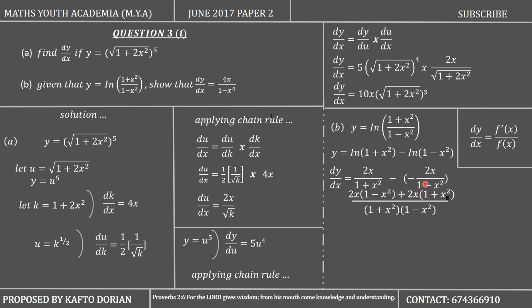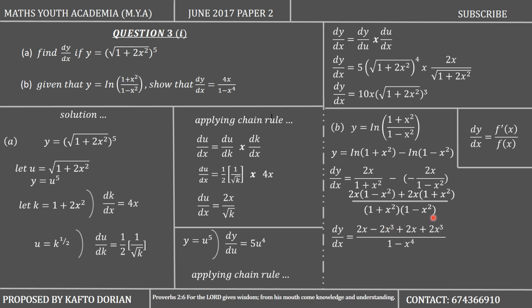We will now be remaining with 2x times 1 plus x squared. Simplifying correctly, we'll be having 2x minus 2x cubed plus 2x cubed, in which minus 2x cubed plus 2x cubed will be giving us 0. We now remain with 2x plus 2x on 1 minus x raised to the power 4.